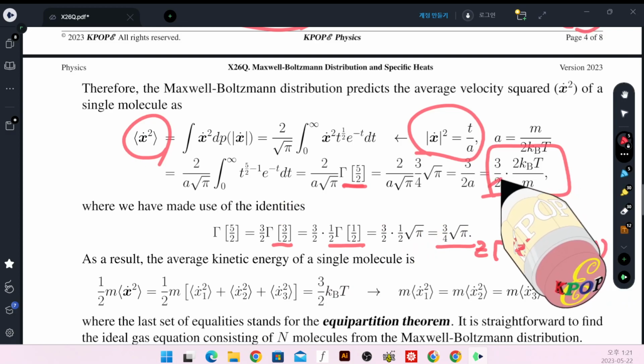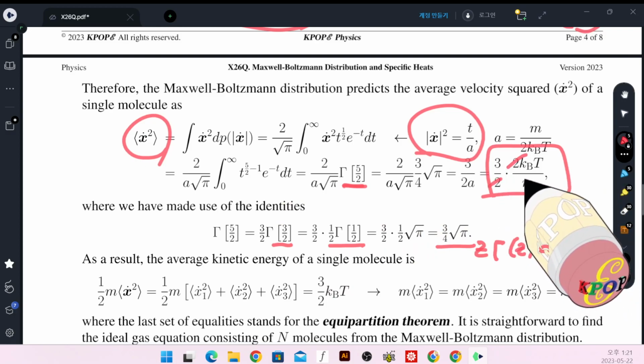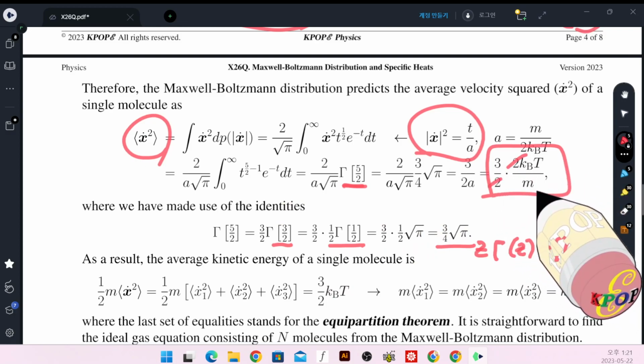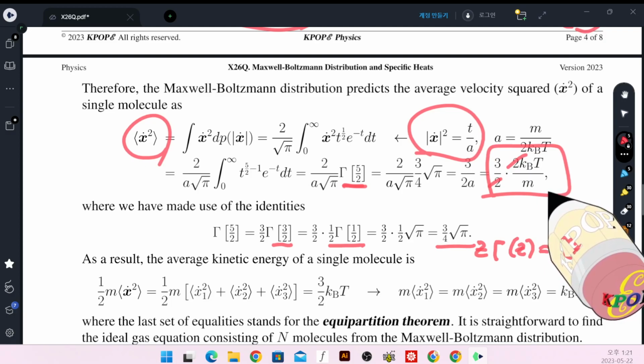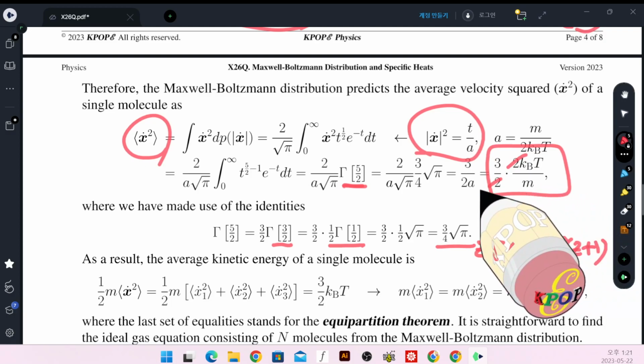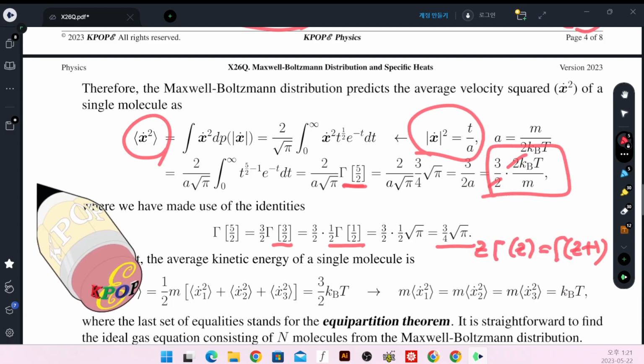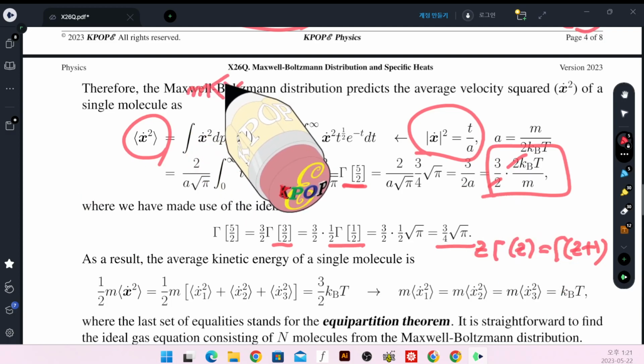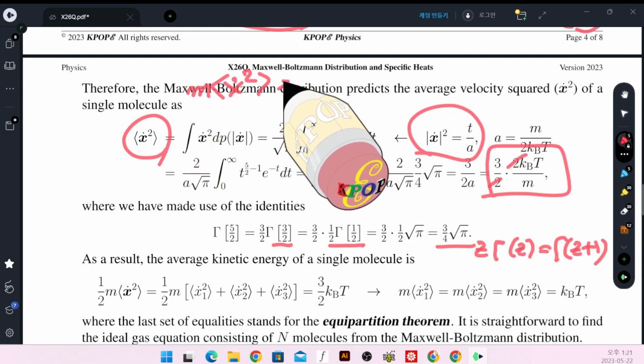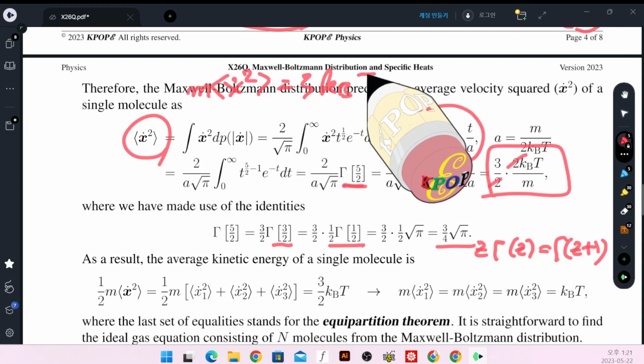That is 2 cancels, and we have a 3 kBT divided by m. If I make use of this one, we have m times x dot squared equals 3 kBT.